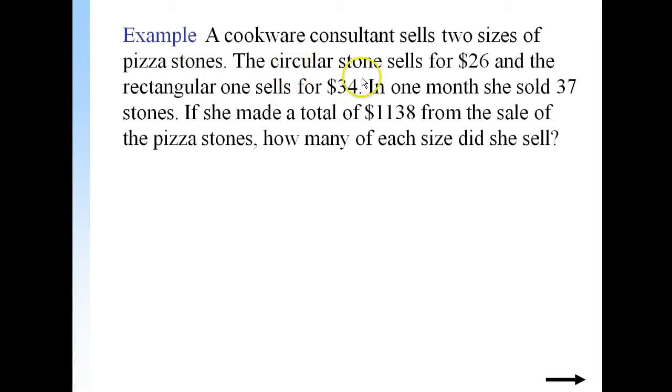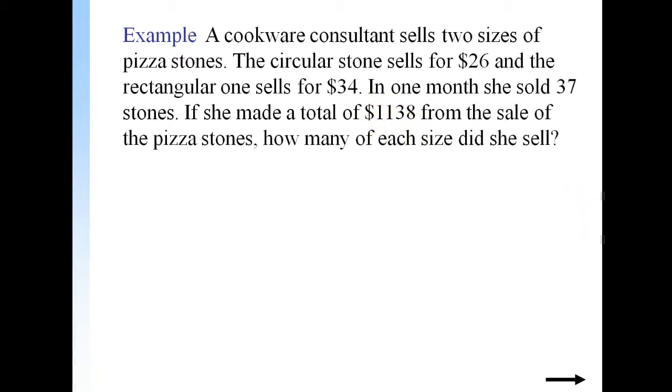The circular stone sells for 26, rectangular for 34. In 1 month, she sold this many stones, and she made this much money. How many of each size did she sell?